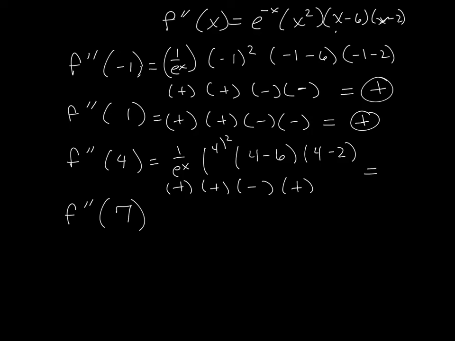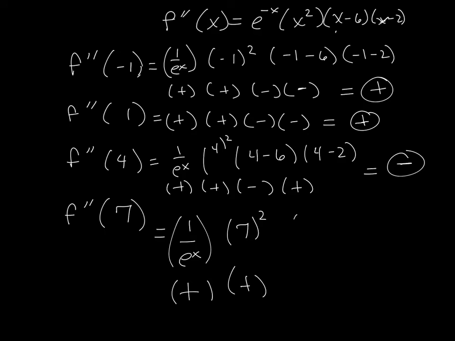So this interval will be negative. The last interval I have to do is 7, so that's 1 over e to the x, which again is always positive. Then 7 squared, which is always positive. Then 7 minus 6, which is positive. And lastly, 7 minus 2, which is also positive.